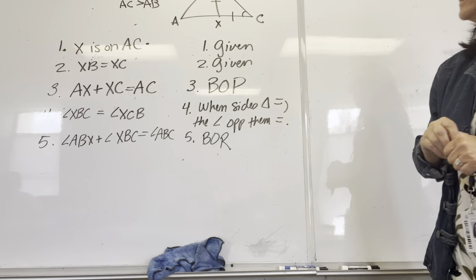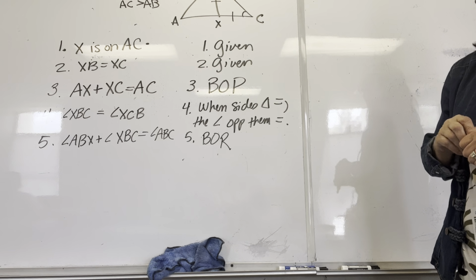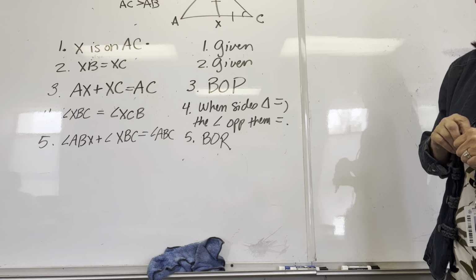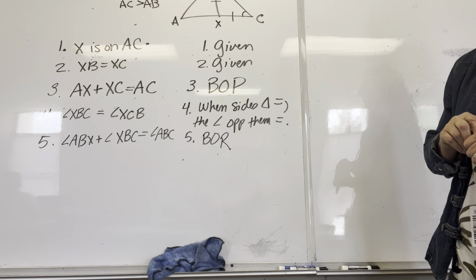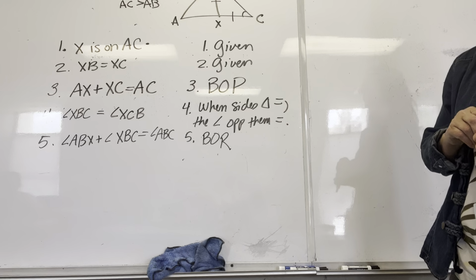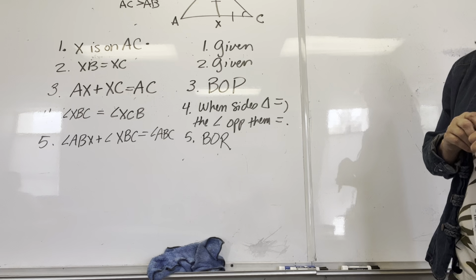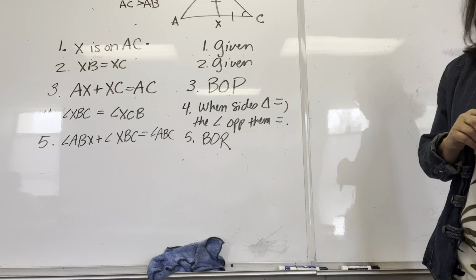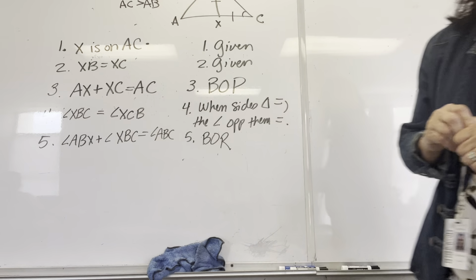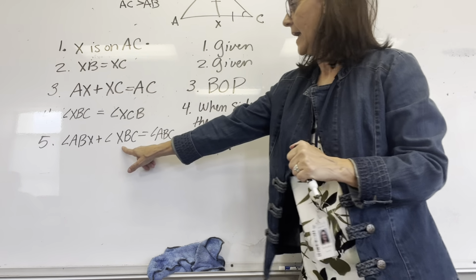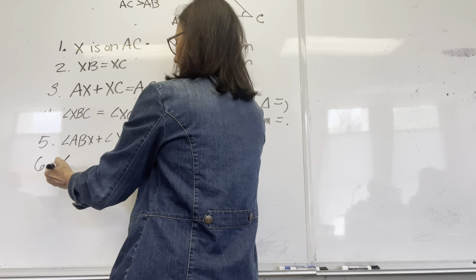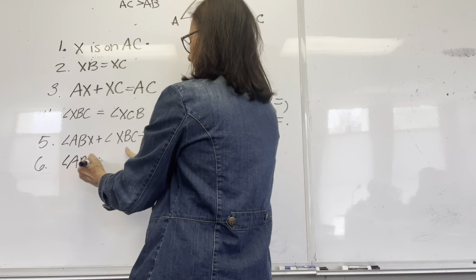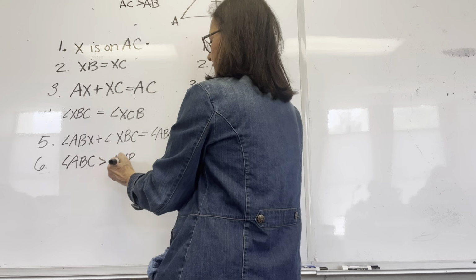Now, can I say ABC is greater than which one? Where do I want to go? ABC greater than XBC? Can I say that? Yes. Angle ABC is greater than angle XBC.